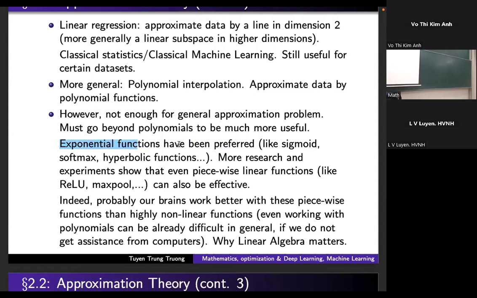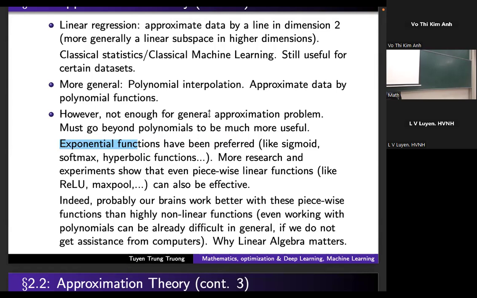Later you will understand why polynomials are not good enough for general purposes. After that we have many functions that are not polynomials, for example exponential functions, and even ReLU, which is a piecewise linear function. It's max(0, t), and it's close to being a polynomial, but it's not a polynomial.